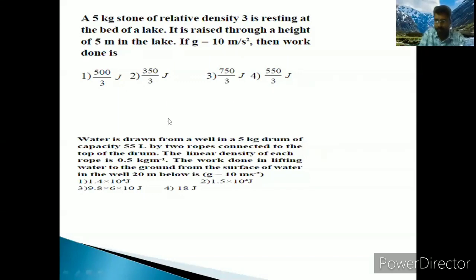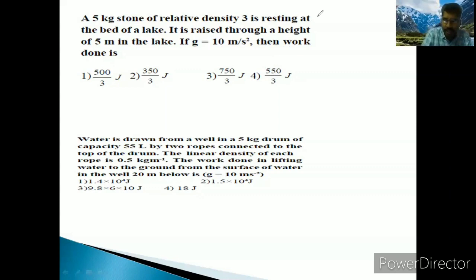So next problem, a 5 kg stone of relative density 3 is resting at the bed of a lake. It is raised through a height of 5 meters in the lake. If g is 10 meter per second square, then the work done is equal to how much?